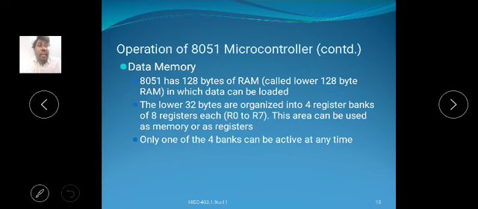The lower 32 bytes are organized into the 4 register banks of 8 registers each, R0 to R7. That means each bank has 8 registers. The banks are bank 0, bank 1, bank 2 and bank 3. Each bank has 8 registers: register 0, register 1, register 2 and register 3, register 4, 5, 6, 7.